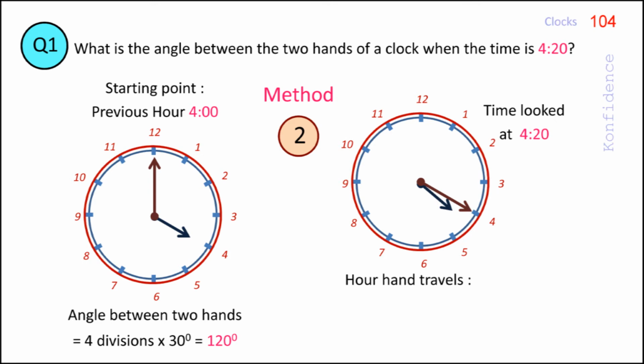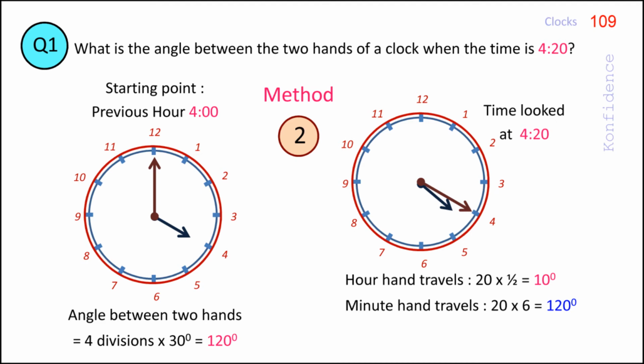Now, the hour hand travels for 20 minutes and therefore will travel 20 into half degrees, that is equal to 10 degrees. And the minute hand will travel 20 minutes and therefore 20 into 6 equals 120 degrees.